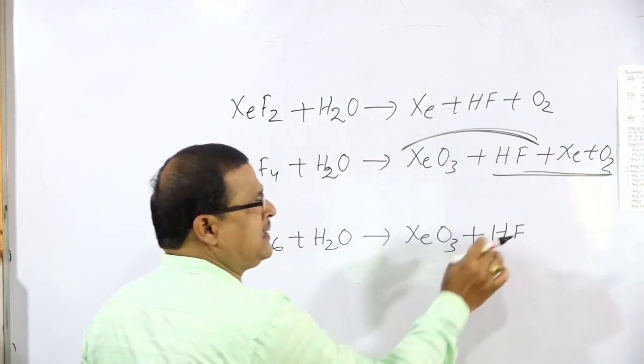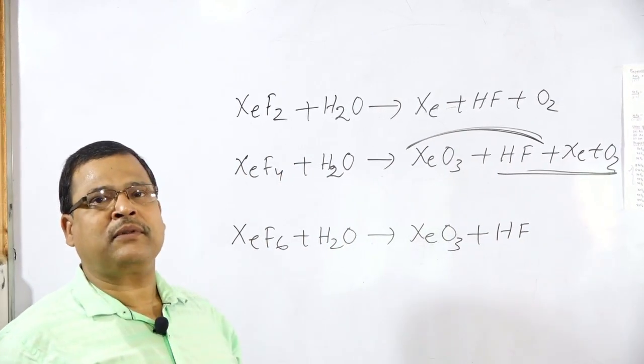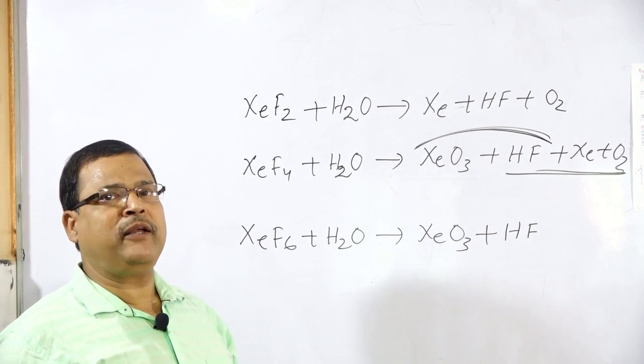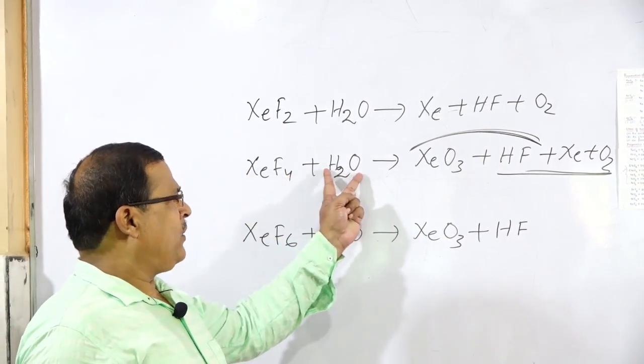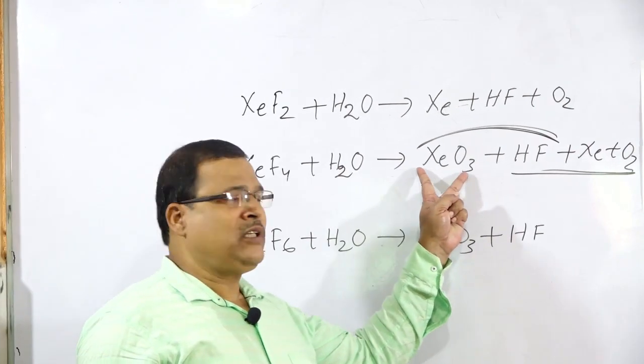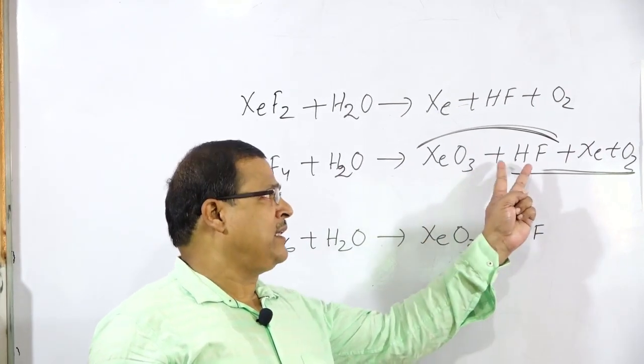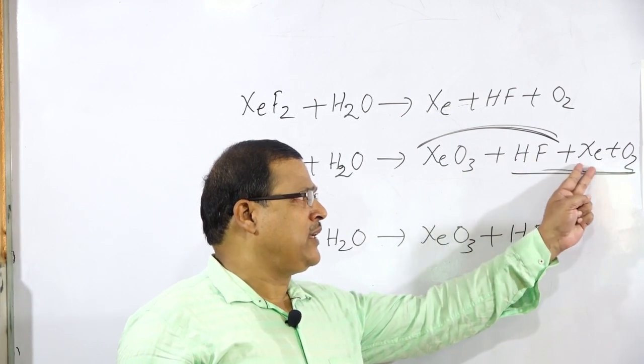And in this case, there is no such release of oxygen. That is a very, very important reaction. Xenon tetrafluoride is hydrolyzed to form the explosive material XeO3, and there is the formation of HF, xenon and O2.